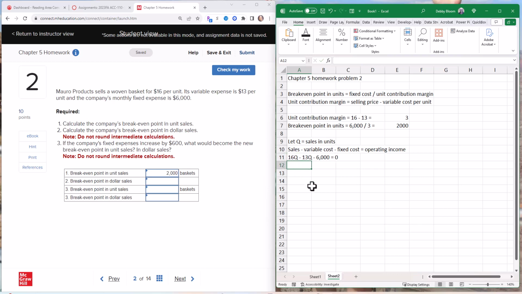So now combining like terms, 16Q minus 13Q gives me 3Q minus 6,000 equals 0. Then moving the 6,000 to the other side, 3Q equals 6,000. And we come down to the same formula. Our break-even quantity in units is 6,000 divided by 3, which of course is 2,000 units.